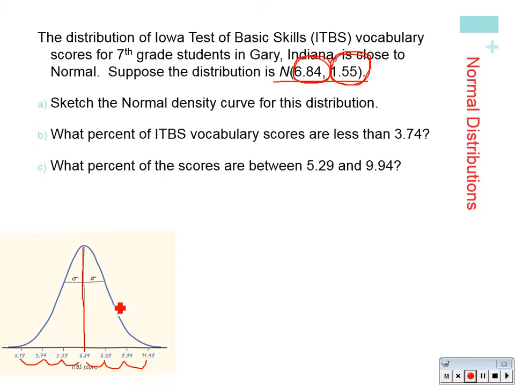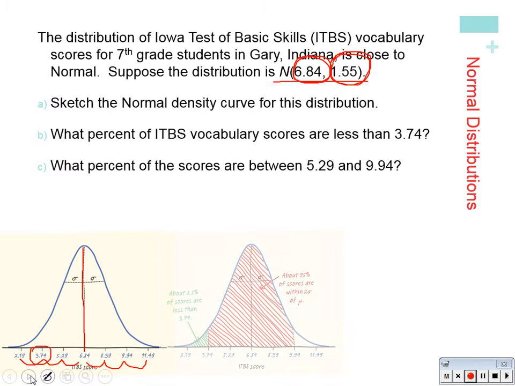Now I'm going to use this density curve to answer some questions involving the normal distribution. Part B says, what percentage of scores are less than 3.74? So 3.74 is right here on the normal curve, and what we know is that 3.74 is 2 standard deviations from the mean. Here's 1 standard deviation from the mean, here's 2 standard deviations from the mean.